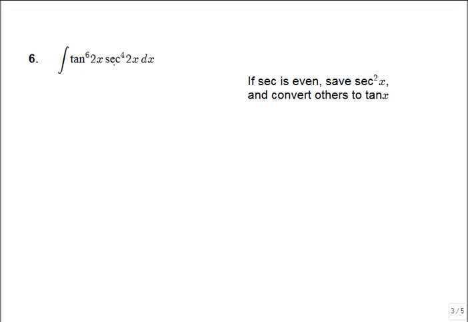So I'm going to save a secant squared, and that means I still have another secant squared left since I had 4 of them, and I'm going to leave the tangents the way they are, because what I want to do here is keep this one off to the side as my g prime, and that secant squared is the derivative of tangent. So I want all of this stuff to be tangents. This one already is, so this is the only one I have to change, and I'm going to use that Pythagorean identity to do it.